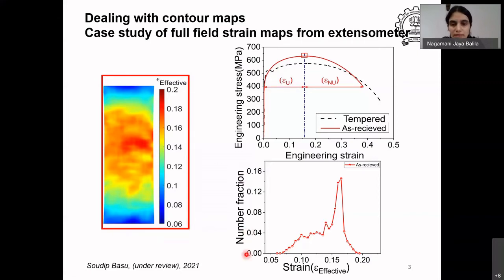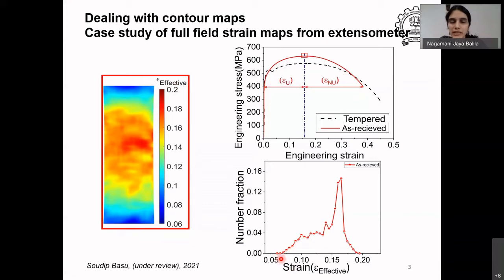So what is plotted here is the number fraction as a function of the effective strain. Forget what effective strain is, it's just telling you the strain at each position. And since the strain is varying, the range from 0.06 to 0.2 has been equally broken, and so sort of binned. And that histogram is basically plotted.